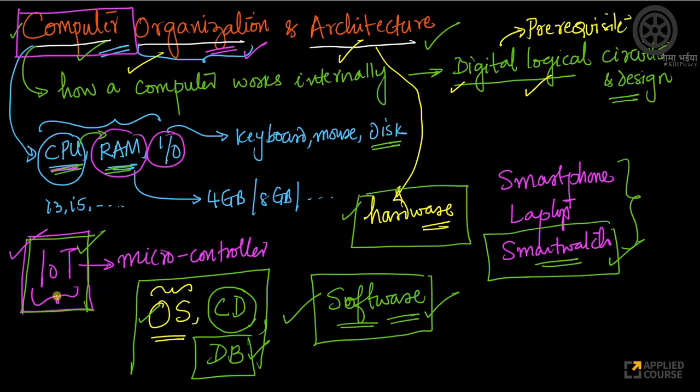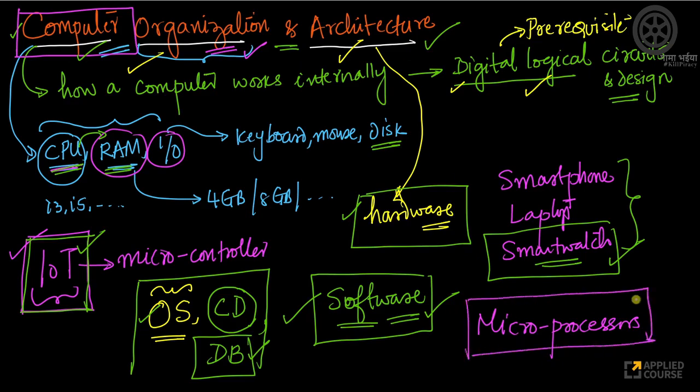I have not worked in hardware design professionally, but I always tinkered with IoT devices. I played around with special purpose IoT chips. This is my hobby and I've thoroughly enjoyed it. During my BTech days, computer organization and architecture and microprocessors were some of my favorite subjects because I could physically see what's happening. Some of you in some universities, in addition to computer organization and architecture, may have a subject called microprocessors, where you learn about real microprocessors and how they work internally.